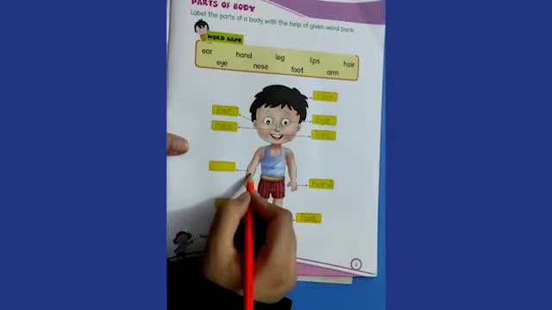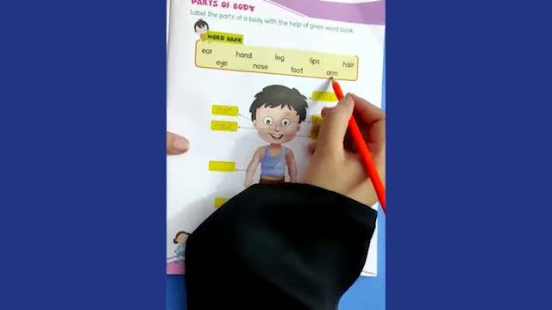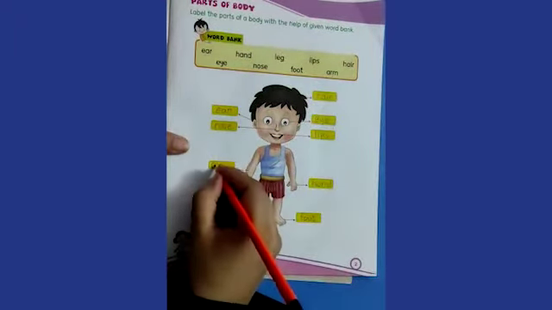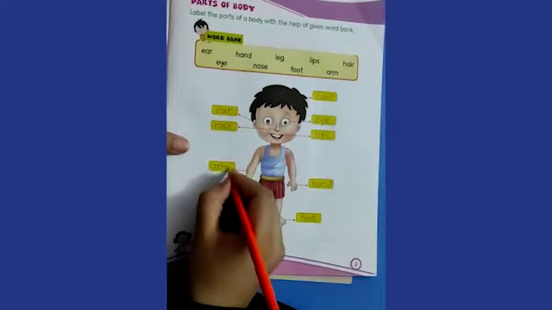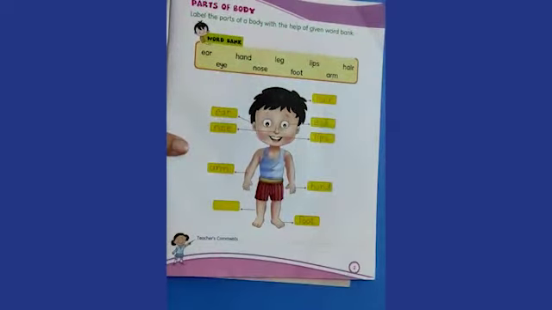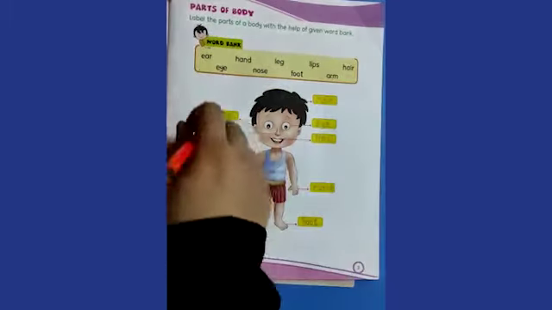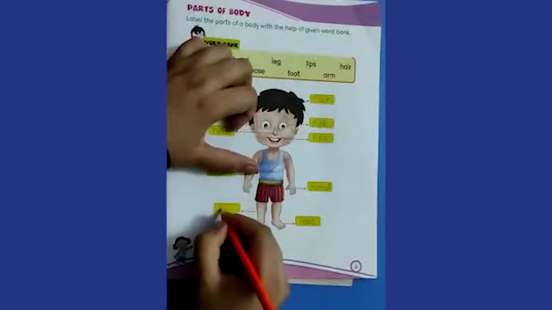This is arm. Where is arm? Here it is arm. And what is this? This is leg. And where is leg in word bank? Here it is leg.